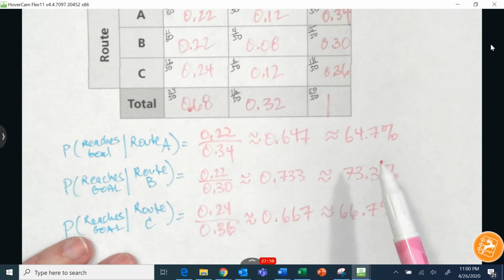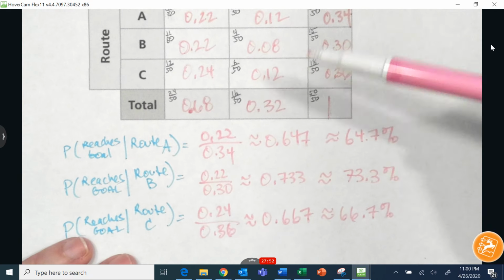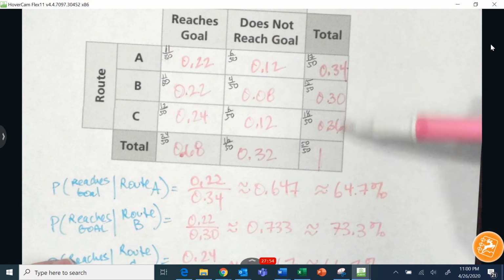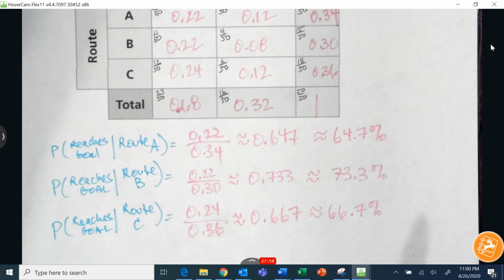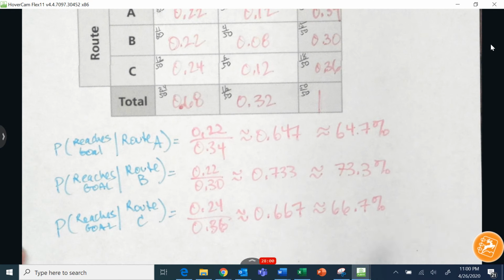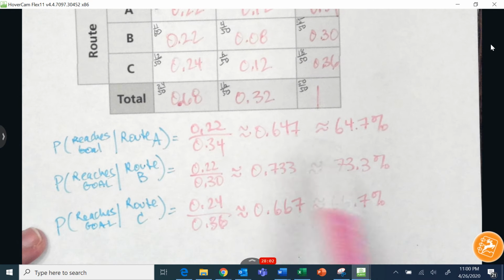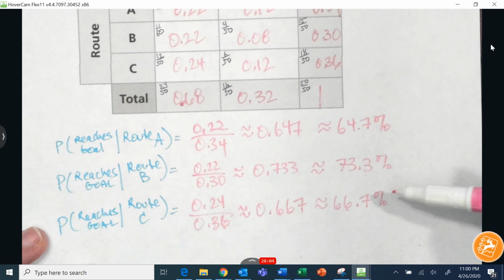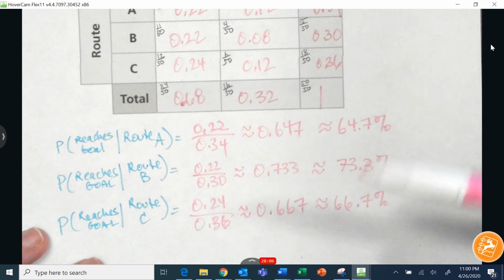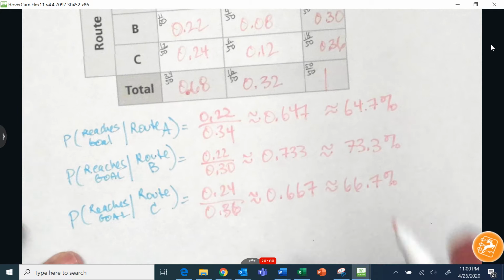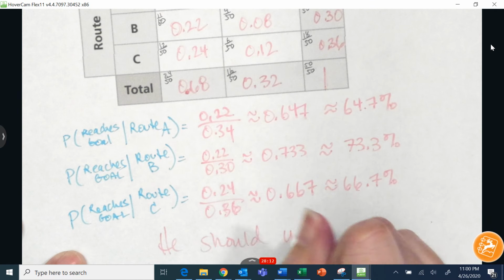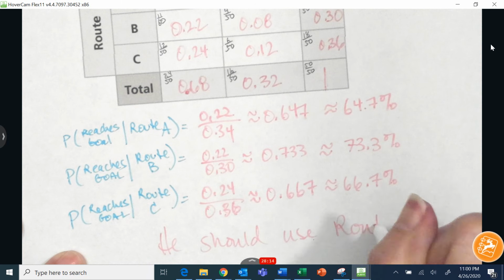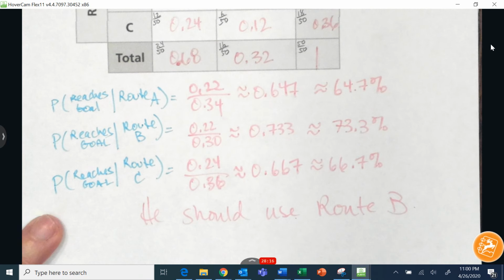It's really relative conditional, compared to how many total times he took that route, whether he reached his goal or didn't. So if we look at this information here and we compare the three, route B seems to be the best choice. He should use route B to meet his goal the most.